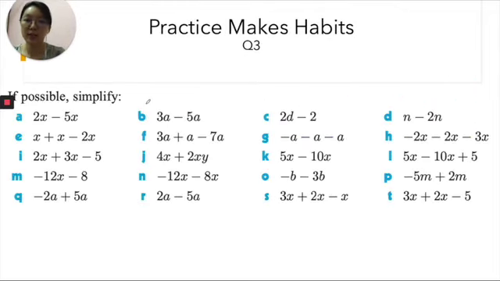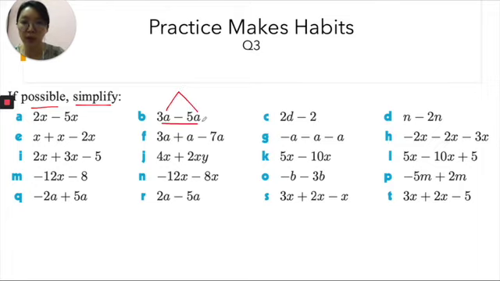Last but not least is question 3. If possible, 如果有可能 simplify 约减，有可能才约减哦。What is possible? Possible means if there are like terms, then we can group them up. If there is no like term, then we just leave it as it is. Let's do one example. 3a minus 5a. Are they like terms?